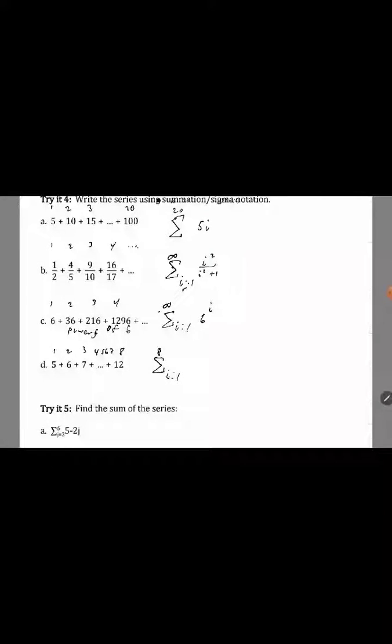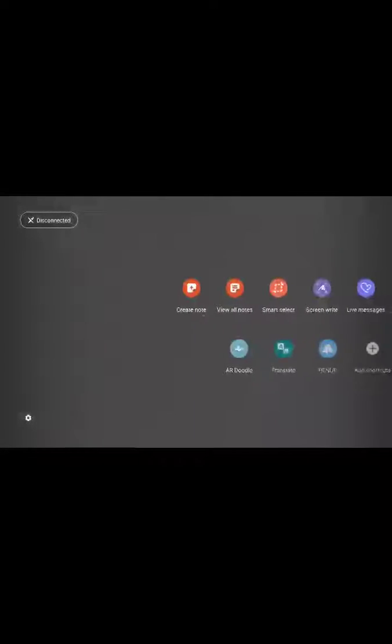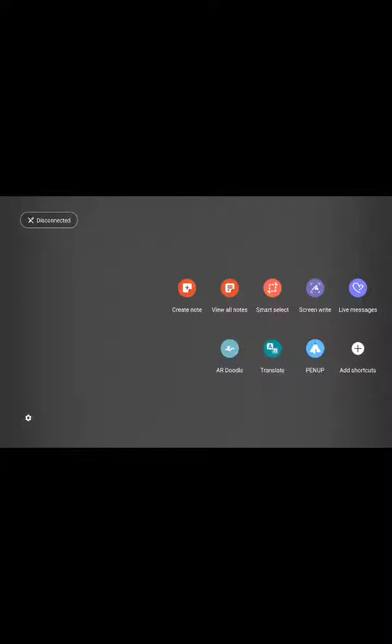And your bottom number on the bottom. So your starting number is on the bottom, and it's usually i equals 1, and then your ending number is on top. And then your equation is supposed to be right there next to it. Alright, back to D.